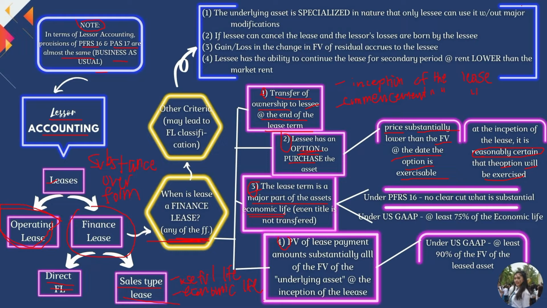Now, when can we say nga major part na siya sa economic life? Well, as stated, under PFRS 16, the same with PAS 17, no clear-cut what is substantial. So, walay gi-provide nga threshold. With that, mo refer ta sa US GAAP, the generally accepted accounting principles. Ang giingon diri is at least 75% of the economic life of the lease term.